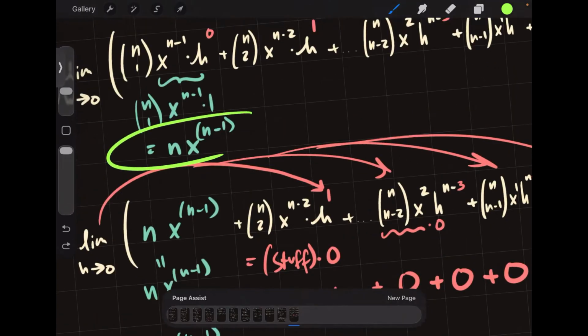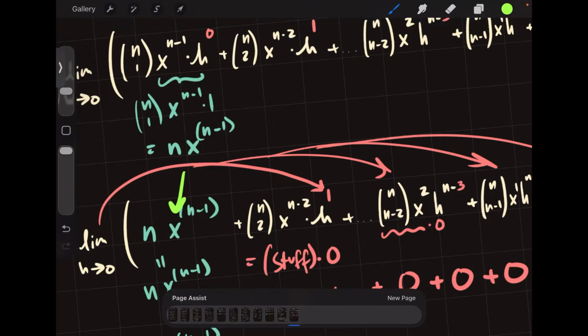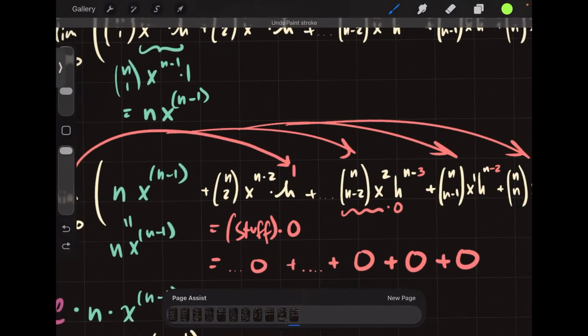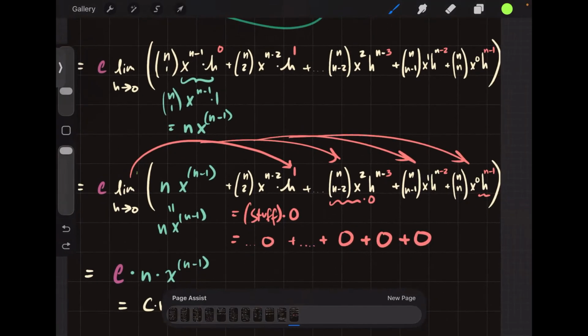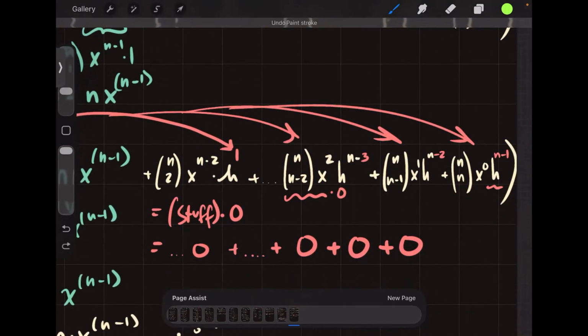Once we have this simplified down, we're going to write it here. And now all we have to do is take that limit. And there's no weird behavior here, so we just plug 0 in. This is going to be some number times x to the whatever, times h, and you apply the limit, that gives you 0. Stuff times 0 is 0.